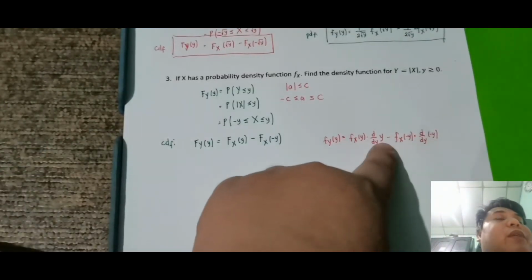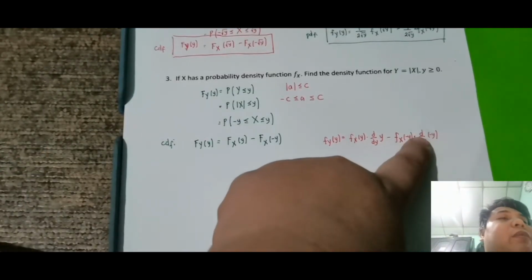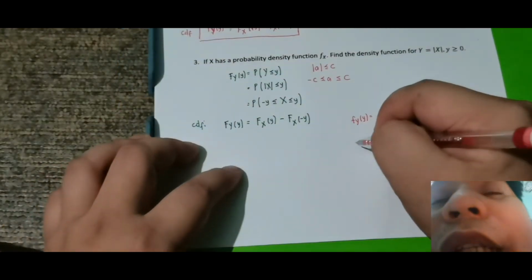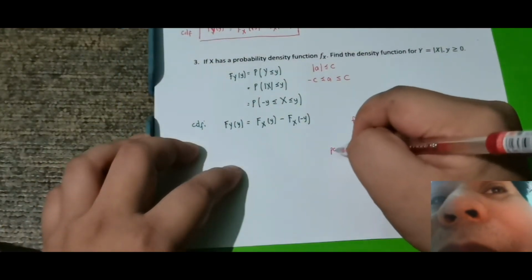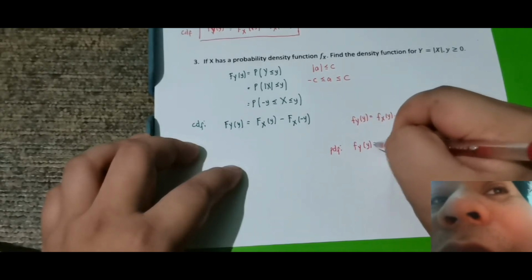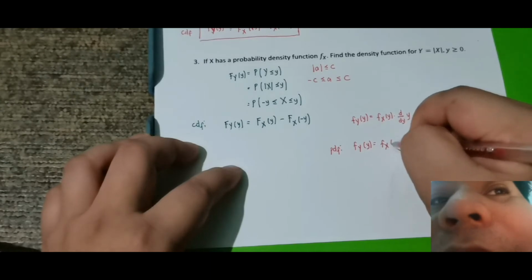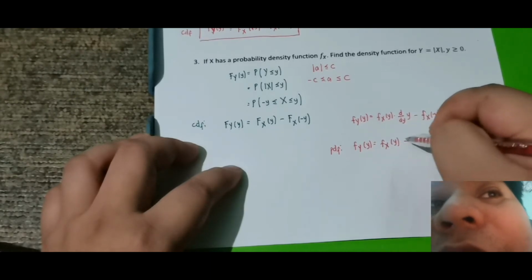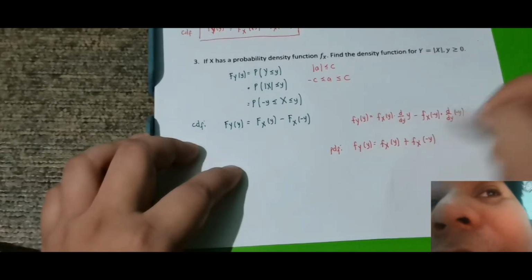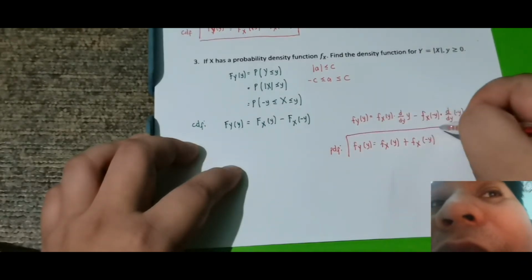Okay, so note that derivative of y with respect sa y is 1, derivative of negative y with respect sa y is negative 1. So magiging positive to. So therefore, the density function or the PDF is just f sub y of y is just equal sa f sub x of y minus or plus f sub x of negative y. So therefore, ito yung ating magiging sagot.